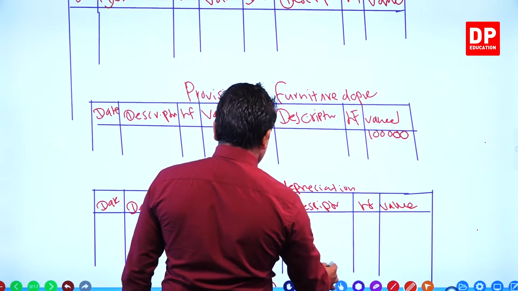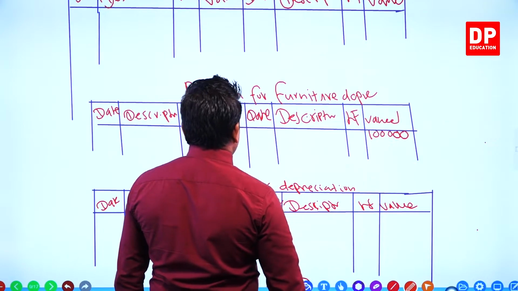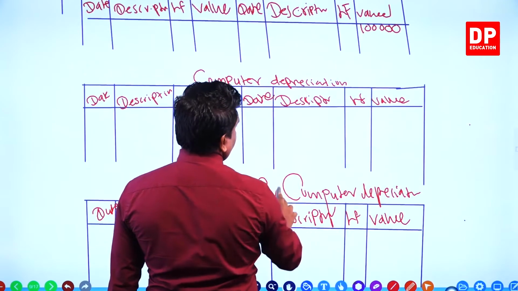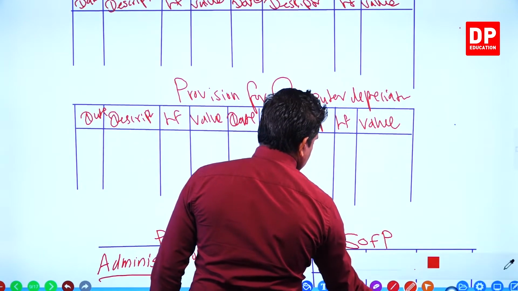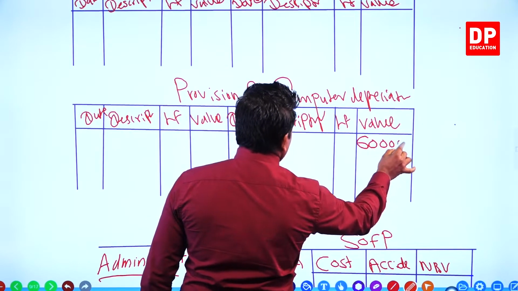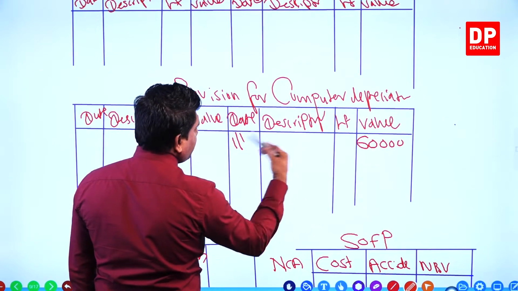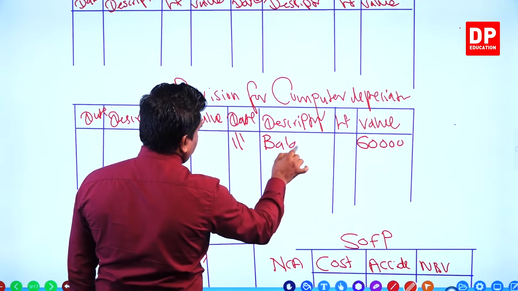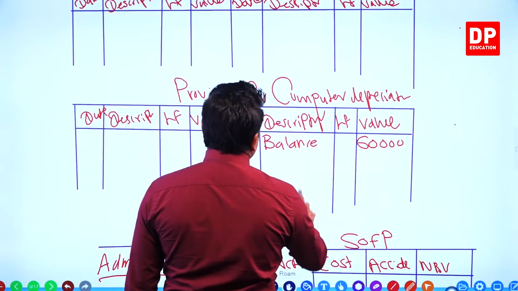The other one, provision for computer depreciation 60,000. These are the opening balances. Every time you write provision for depreciation, indicate its balance on the credit side. You must remember that. You never record their balance on the debit side.